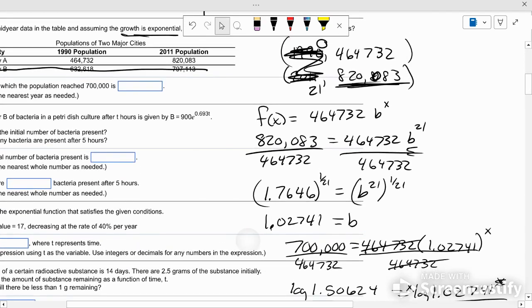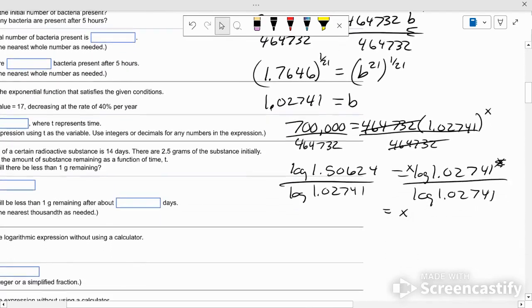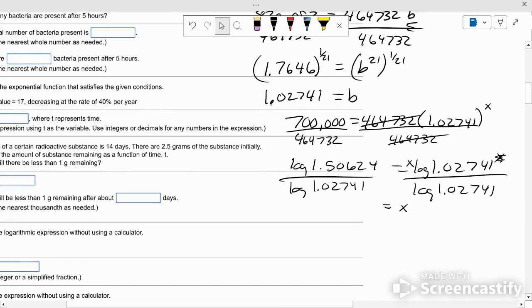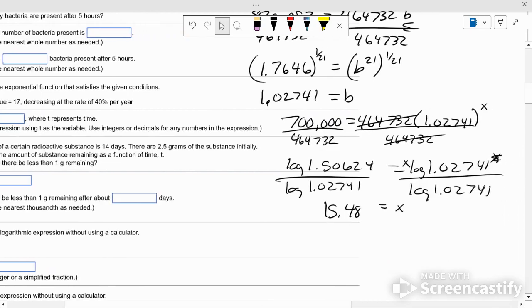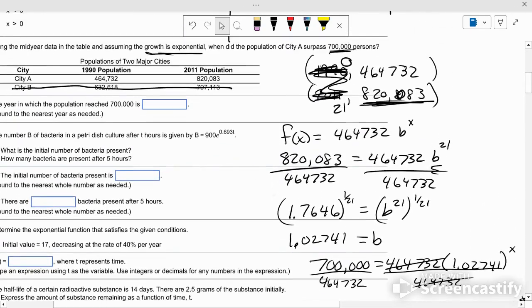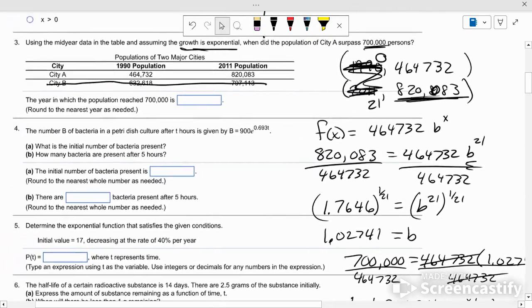Hopefully it's less than 20. What is it? 15 point what? 48. So 15.48 years after 1990.